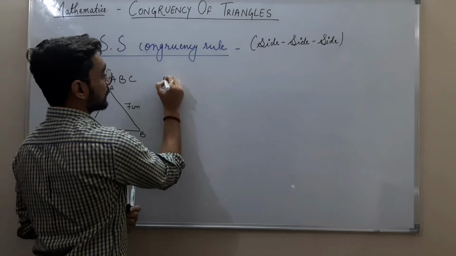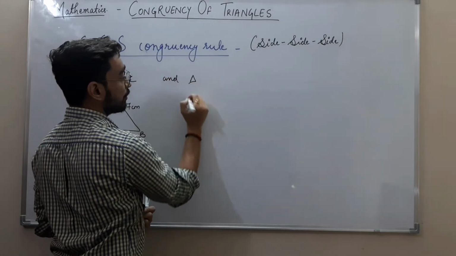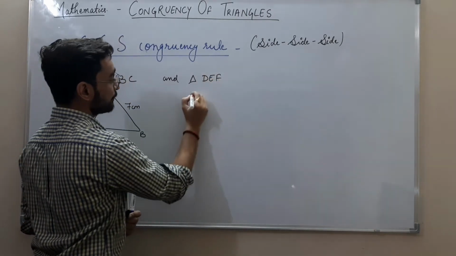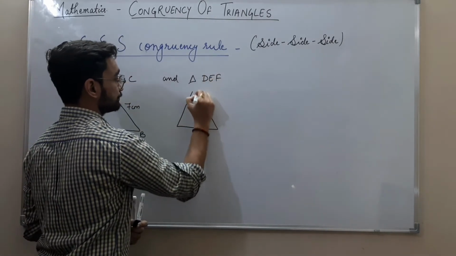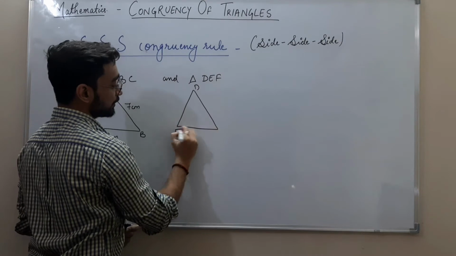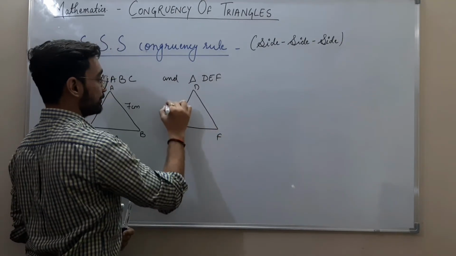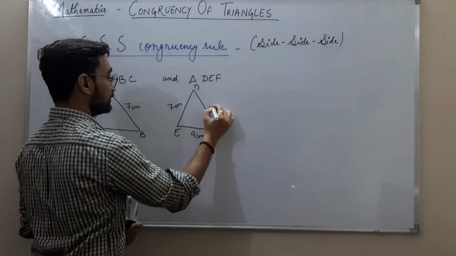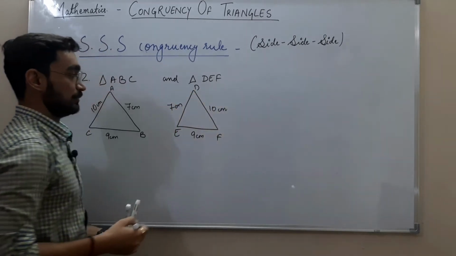And triangle DEF has sides 7 centimeter, 9 centimeter, 10 centimeter.